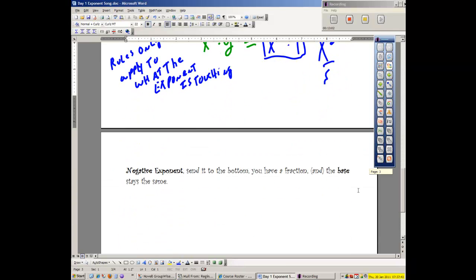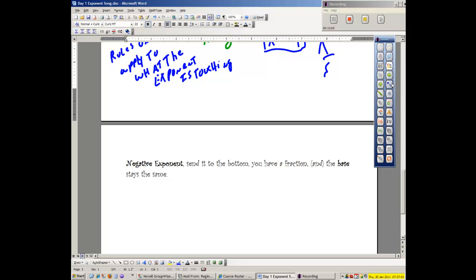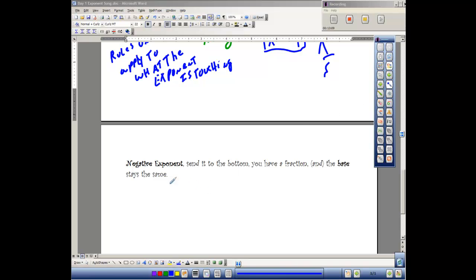And there it is. Negative exponent. Send it to the bottom. We have a fraction. Now, when we talk about that, make sure you understand that the variable, whatever the variable is, x, and whatever it's touching, let's say a negative 2, they stay together. You can't separate.